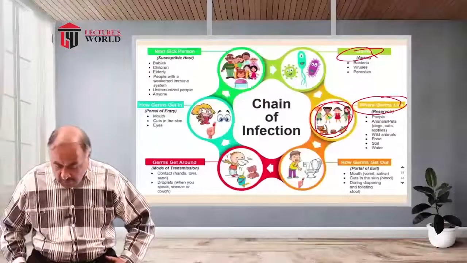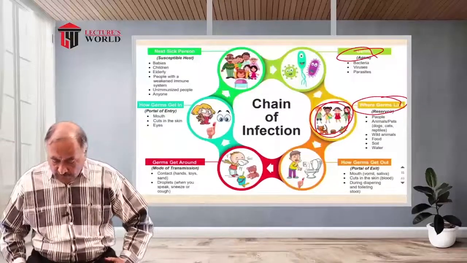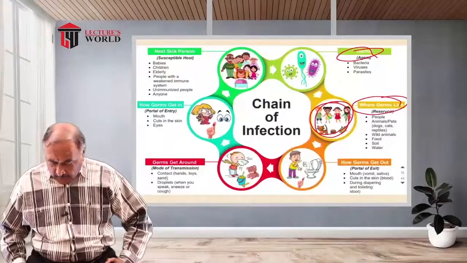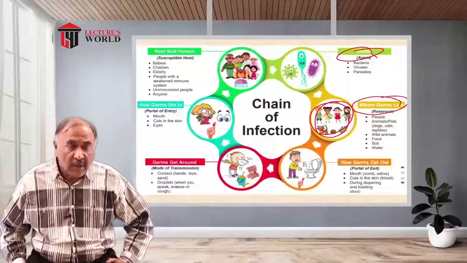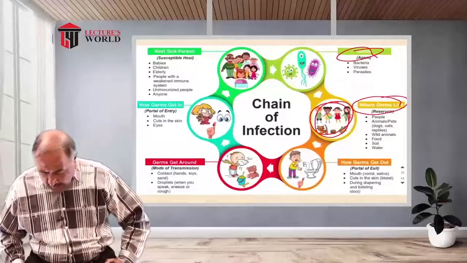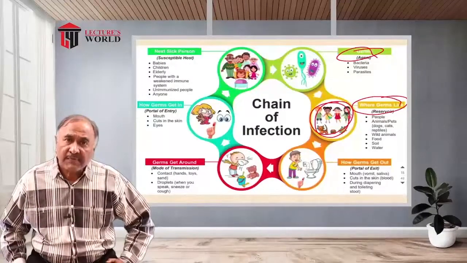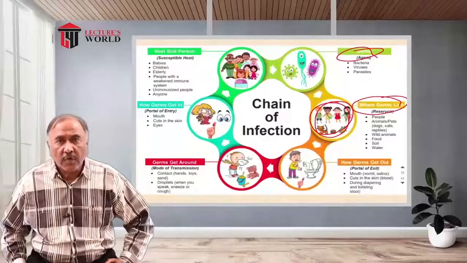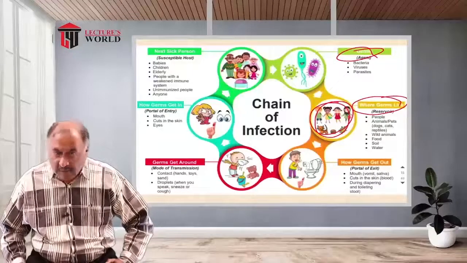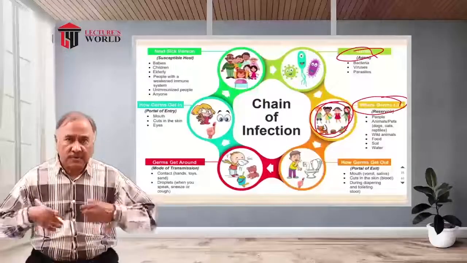What are the different portals of exit? From the mouth, from a cut in the skin, during diapering, that is during urination, and while passing feces. That is when you want to relieve yourself. These are the ways by which these organisms come out from the host.